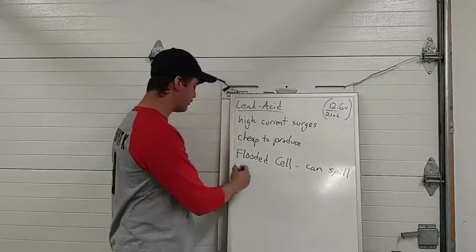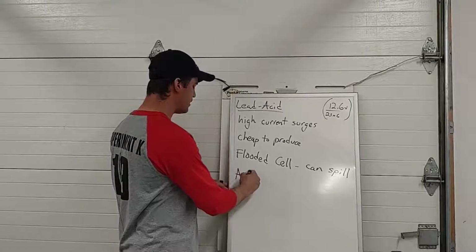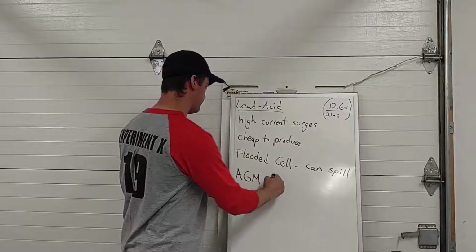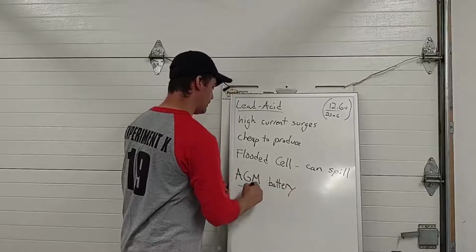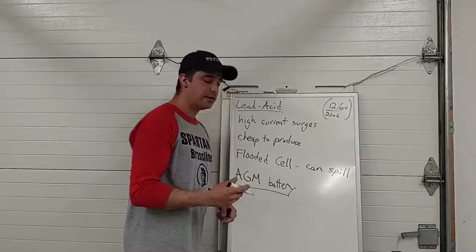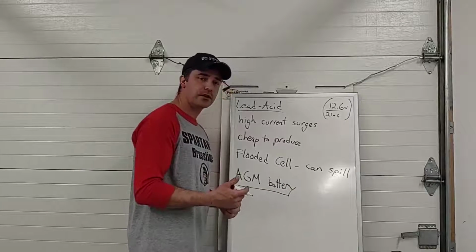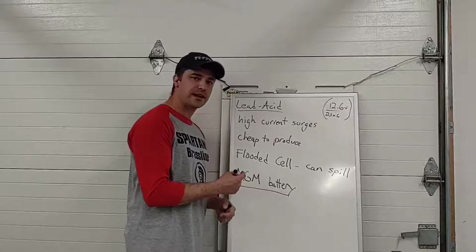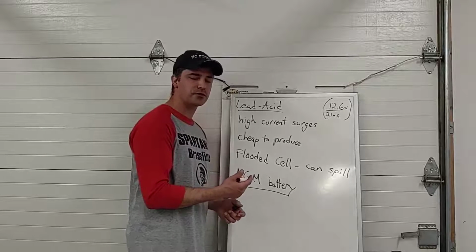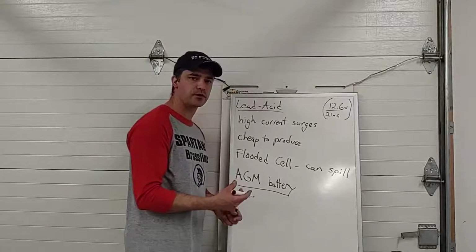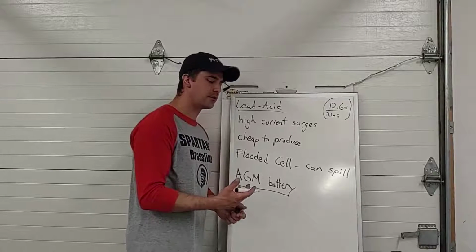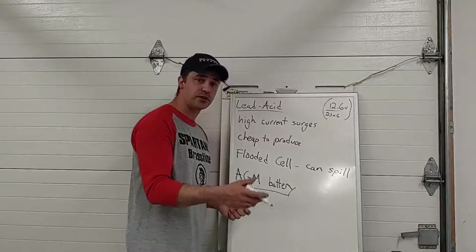You may have heard of something known as an AGM battery. Basically, an AGM is similar to a flooded cell, except they put these little absorbed glass mats that act like sponges in between the plates. So the electrolyte, or the acid, is basically trapped in those little sponges, and it makes them spill-proof because they can seal the battery.